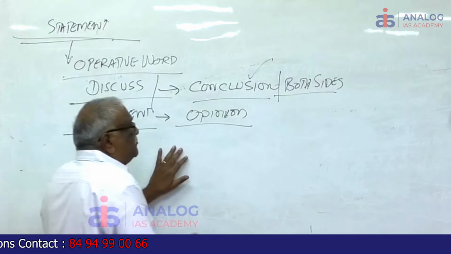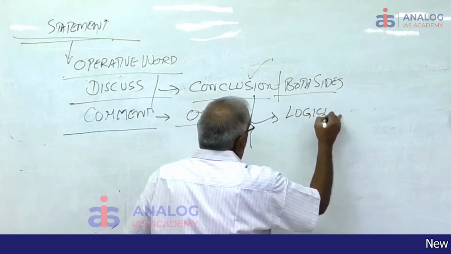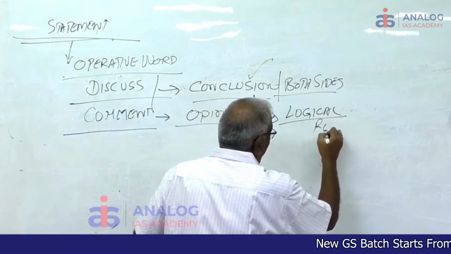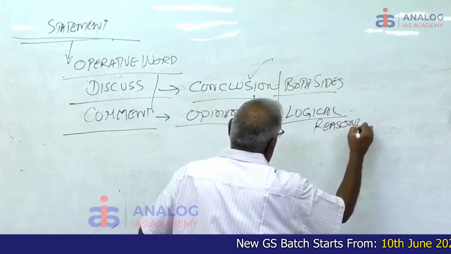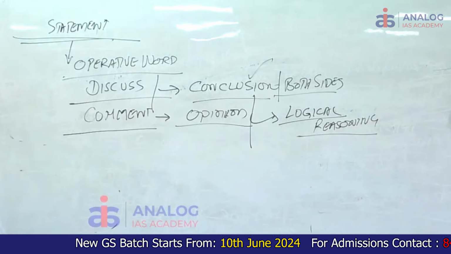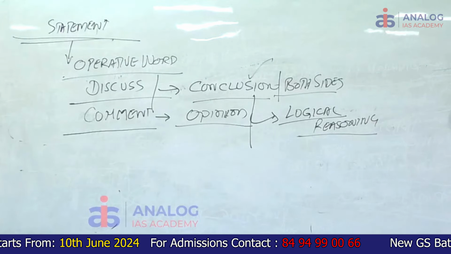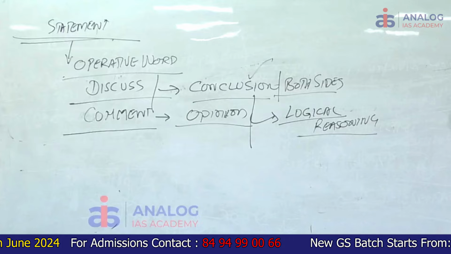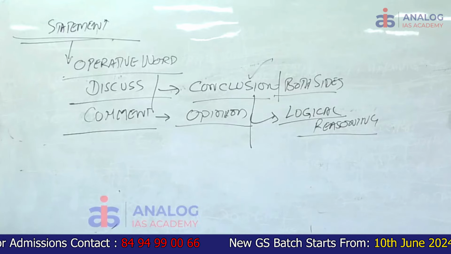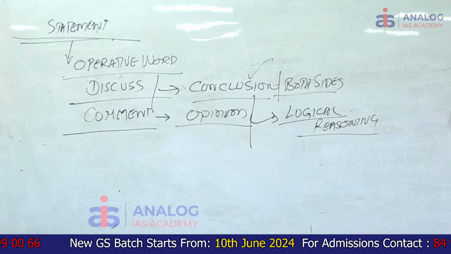So, an opinion is first necessary, and this opinion has to be logical. Logical means reasonable. Reasoning should be there. Why is this good? Why is this not good? You can take a positive side, you can take a negative side, it doesn't matter. We said the candidate should be able to think and make an opinion.